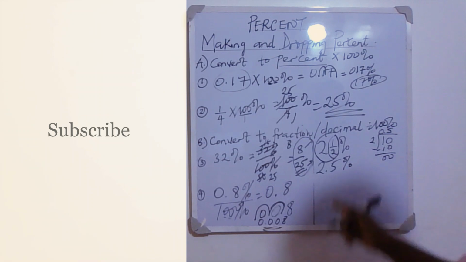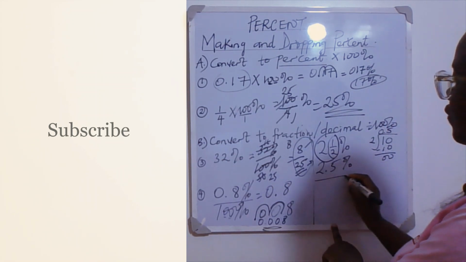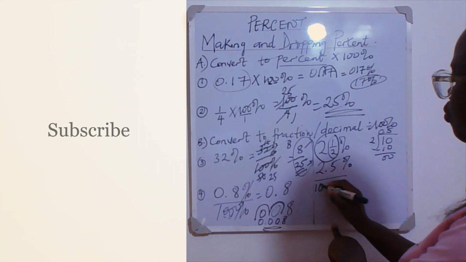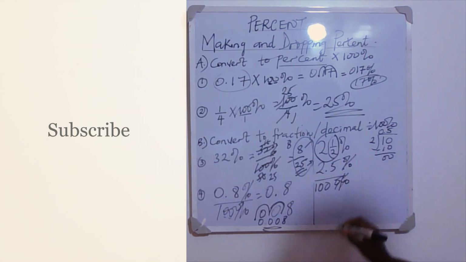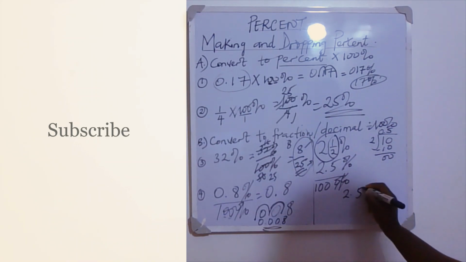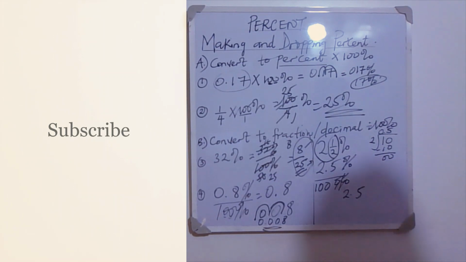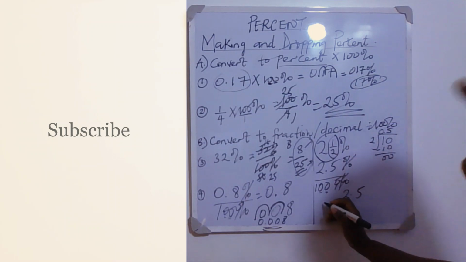So converting this from percent now, we have 2.5 divided by 100%. Percent cancels percent. Remember the method we used here? When we are dividing a decimal number by 100, or by 1000, or by any figure, what we need to do is take two steps backward for 100. 1, 2. Two steps backward.